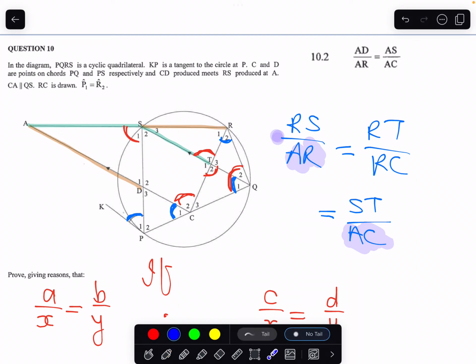Next up, I'm trying to see this angle, if it's related to anything. So it comes from this chord. This chord doesn't subtend anything else to the circumference. I almost looked at this one, but this is not an angle at the circumference.